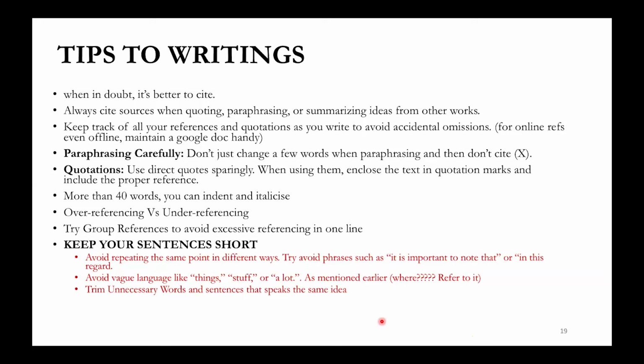But make sure you are not throwing in random citations just because somebody has worked on this. Make sure you only cite the primary authors that you have read, not the authors that they have read. That's not required. And try to group references to avoid excessive referencing in one line.